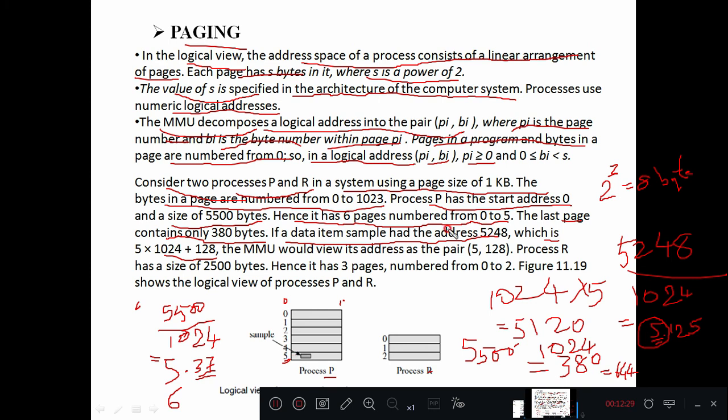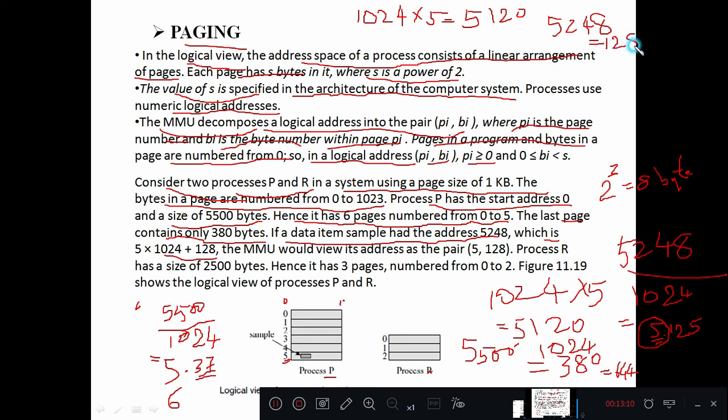Now how far is it from that page's starting address? For that I calculate 1024 into 5, which comes to 5120. If I subtract this from the byte address 5248, that is 5248 minus 5120, it comes to 128.